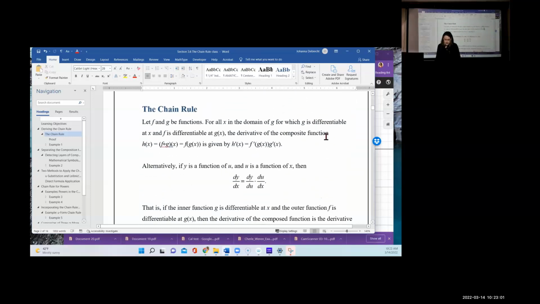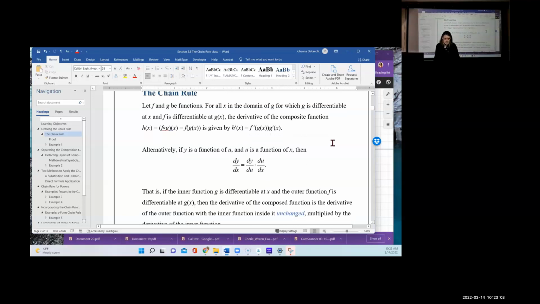So we're going to let f and g be our two functions, and h of x is going to be our composed function, f circle g of x, or f of g of x. The derivative is given by f prime with g of x plugged inside times g prime of x. And I'm going to write this a little bit larger the way I normally write it, with different sizes of parentheses.